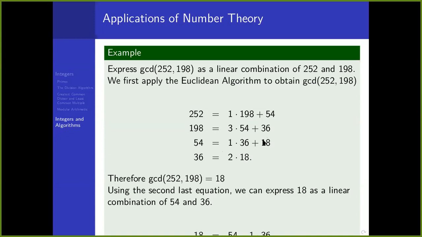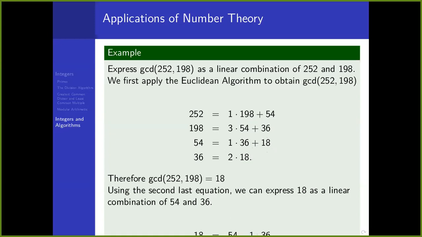So now we work backwards from 18. We make 18 the subject here, so that 18 will be equal to 54 minus 1 times 36. That is the first statement here. It's a bit low on the slide, so you can't see it. But 18 is equal to 54 minus 1 times 36.